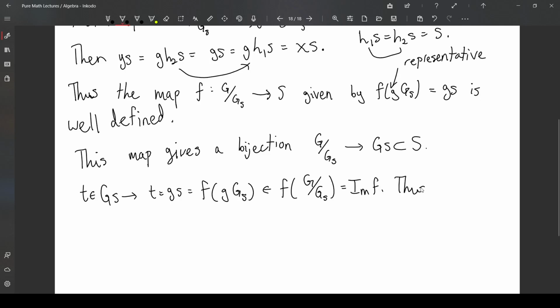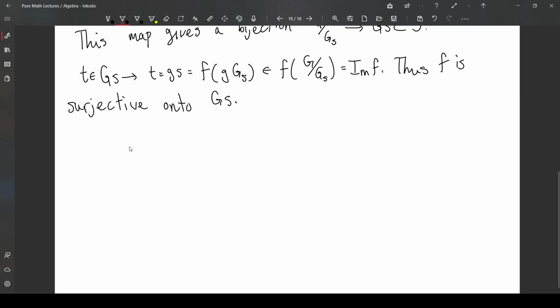So thus, f is surjective onto GS, right? Because by very definition, we're mapping onto an element which is equal to some group element acting on S. So this is clearly an element of the orbit. And furthermore, any element of the orbit can be equal to an image of F.